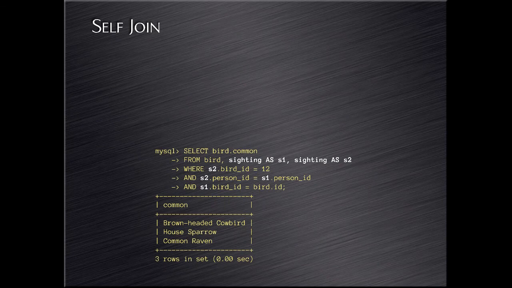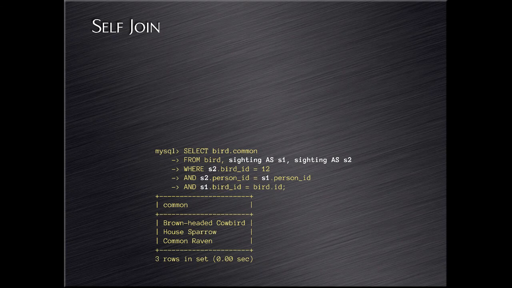And in fact, I'm not going to go too far down the rabbit hole in this one, but here's the query. I'm selecting the bird.common from 3 tables, from bird and citing. But you'll notice here that I'm aliasing one of the citing tables as S1, and I'm aliasing the other one as S2.